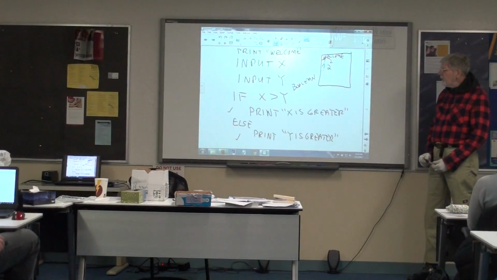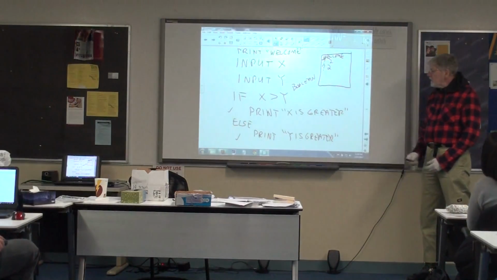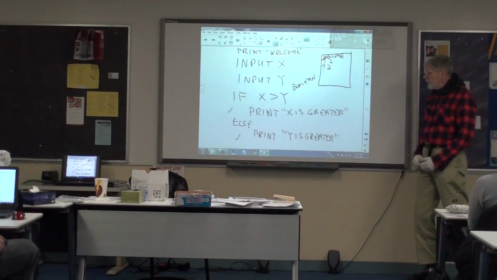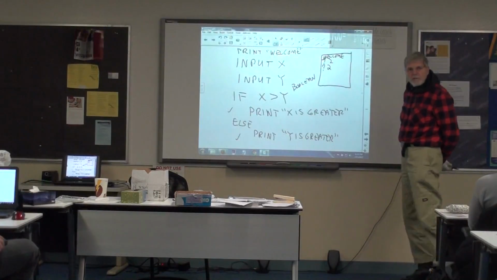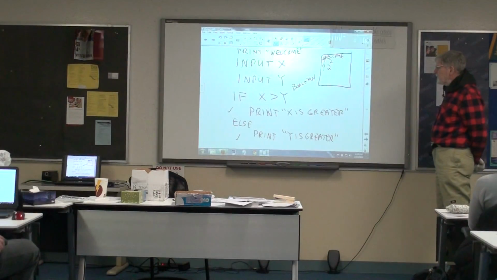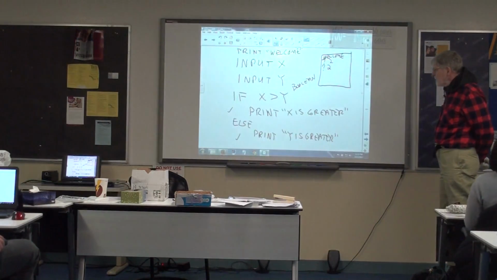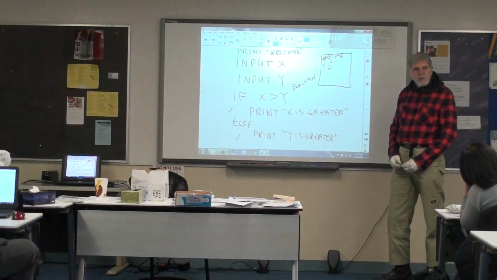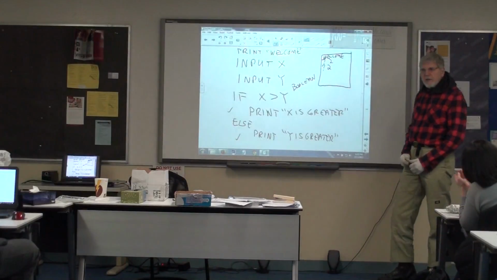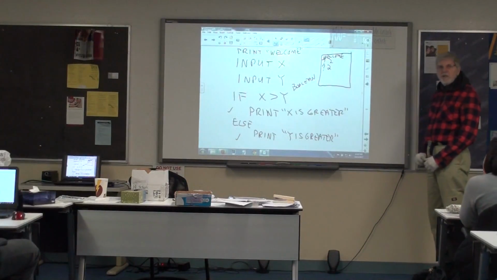If the Boolean evaluates true, then the true block of code is executed, and the next one is skipped over. It's either or. But if the Boolean is evaluated false, then it skips this block of code and executes that block of code. So this is a selection statement. It's called an if-then statement.